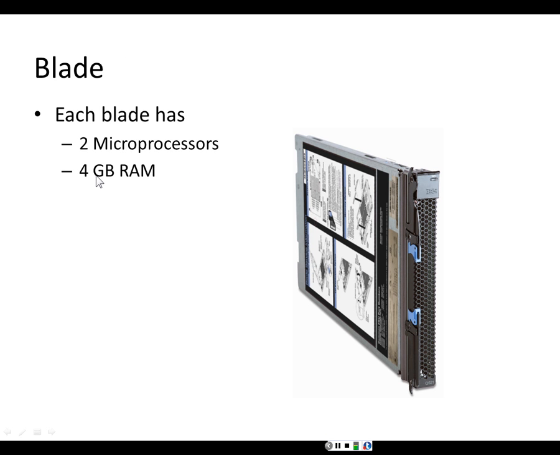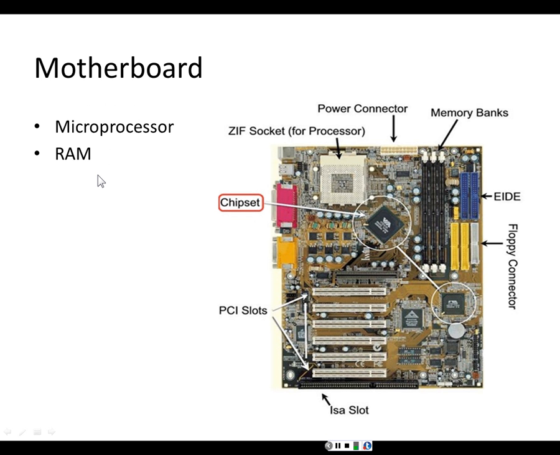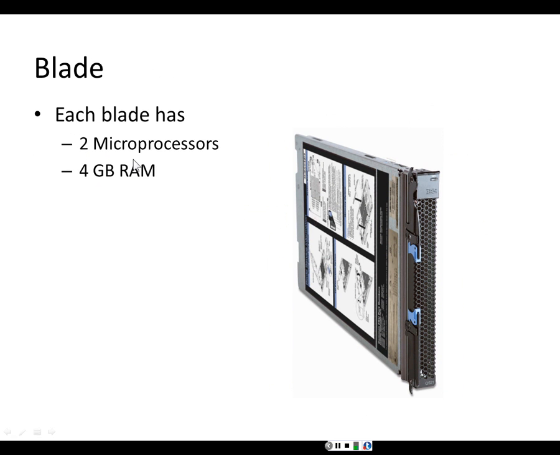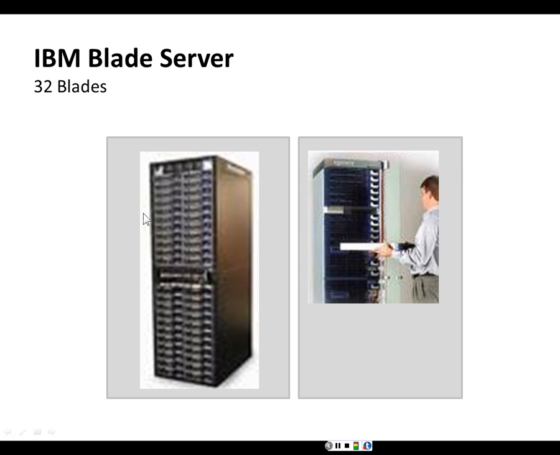A blade is kind of like a motherboard, and you know what a motherboard is. It's a circuit board which has microprocessor and RAM on it. Well, each blade has 2 microprocessors and 4 gig of RAM. So if you put in 32 blades, you got 64 processors, and that is a powerful server.